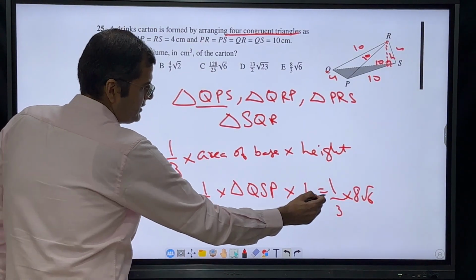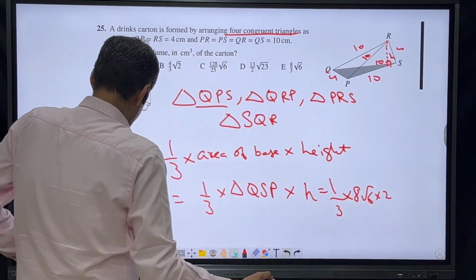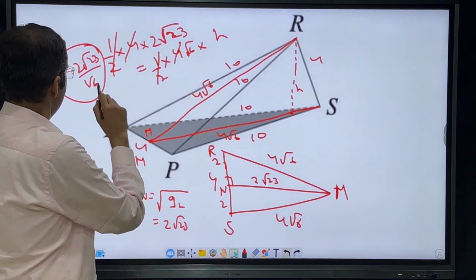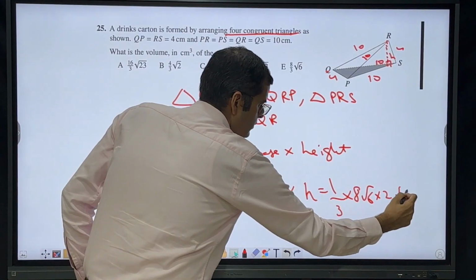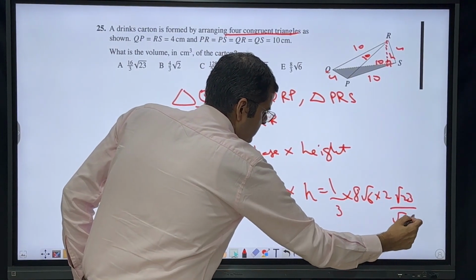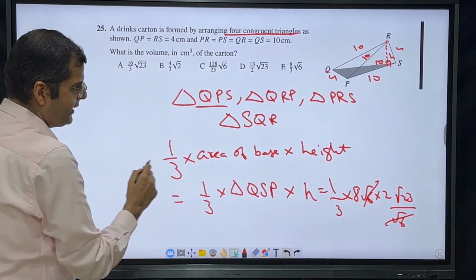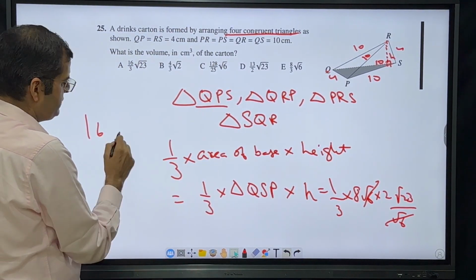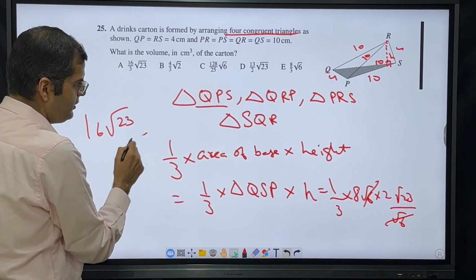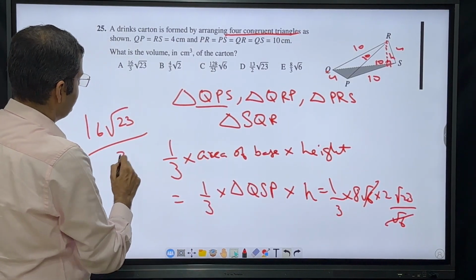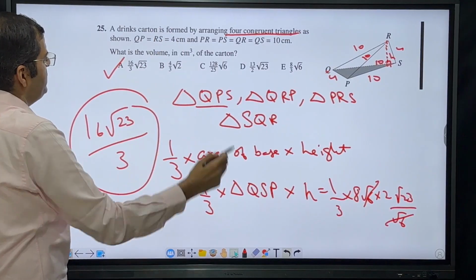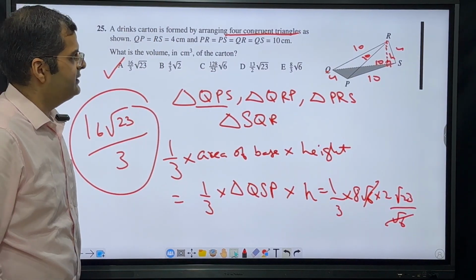Now the volume is 1 by 3 into 8 root 6 into 2 root 23 by root 6. This root 6 goes away. 8 into 2 is 16. So the volume which we have to find comes out to be 16 root 23 divided by 3. That is answer option A, and that is the right answer.